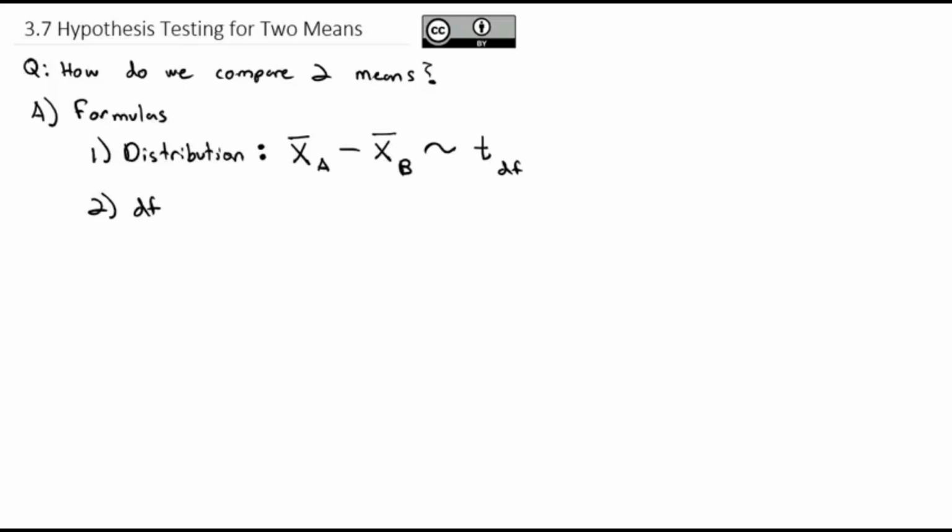Now, the degrees of freedom is an ugly formula. If you really want to know what it is, you can look it up in your book. It is in the section in your book preceding the practice assignments that we're doing for today. It's ugly. We are going to cheat, and we will use a calculator.